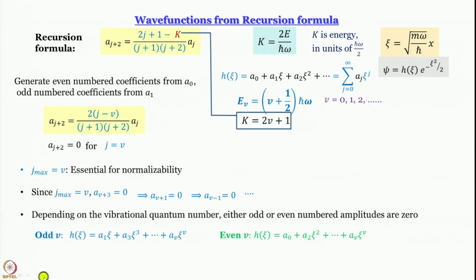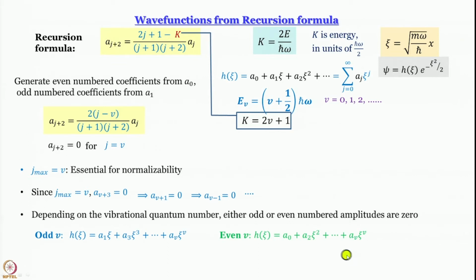For odd values of v, h of xi is equal to a1 multiplied by xi plus a3 multiplied by xi cube plus a5 multiplied by xi to the power 5, and so on. The last term is av multiplied by xi to the power v. For even values of v, we have h of xi equal to a0 plus a2 multiplied by xi square plus a4 multiplied by xi to the power 4, and so on.